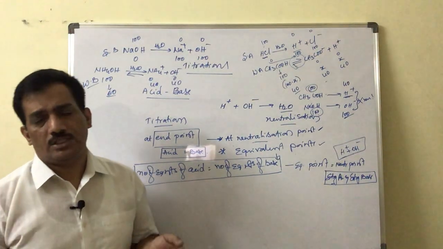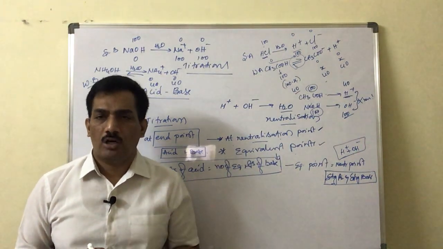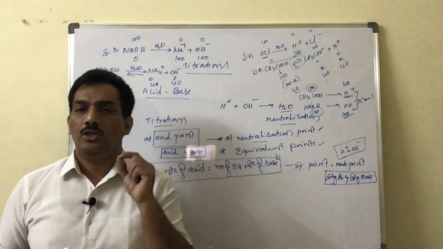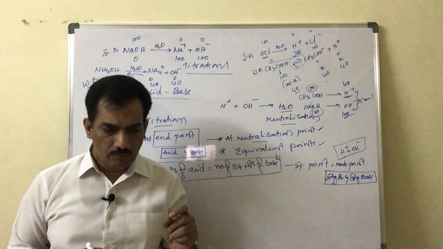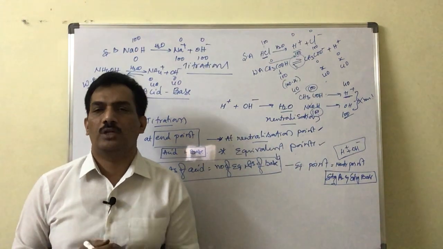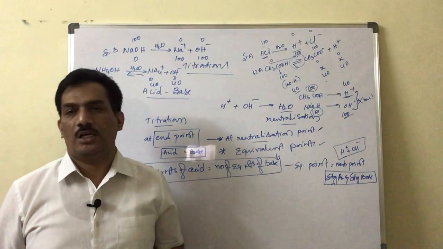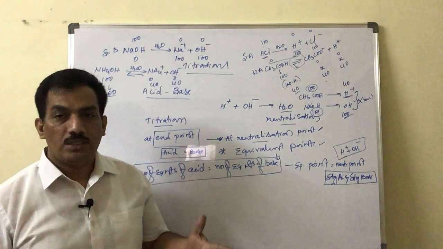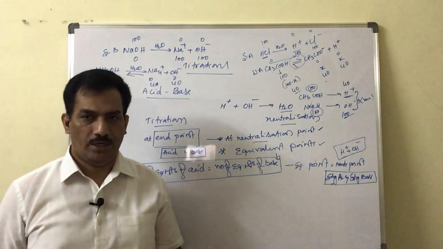Simply, in the final statement, we can say that at the equivalent point, strong acid and strong base reach neutralization. And in the case of any weak acid or weak base involved, the equivalent point does not reach neutralization. Neutralization is different and the equivalent point is different.